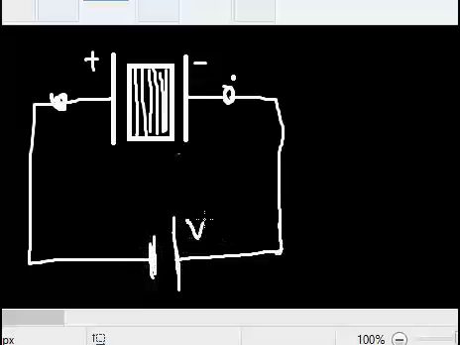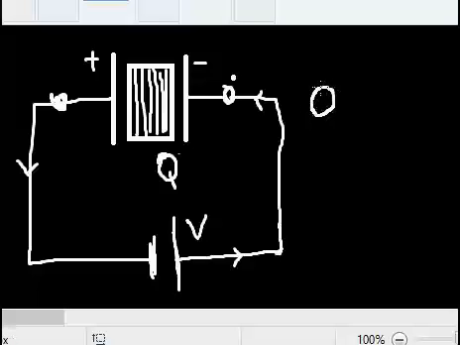So when I supply a potential difference V to this capacitor, current flows through it, and as the current flows, it stores some quantity of charge Q. The quantity of charge it will store depends on the voltage being supplied. They are proportional: the more voltage you supply, the more charge.